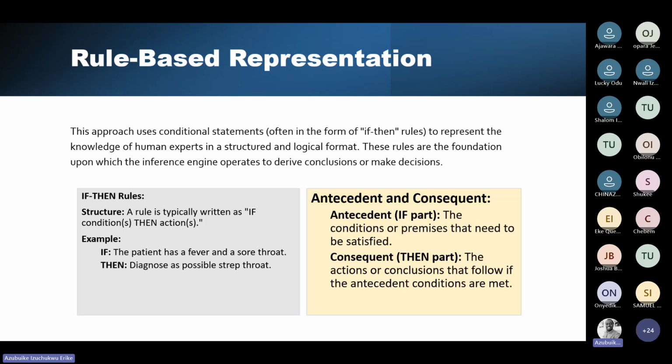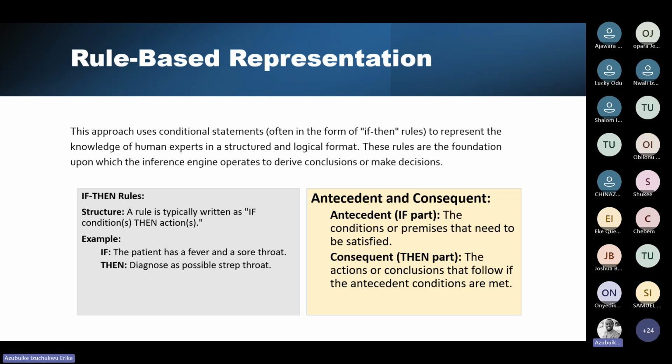So let's look at the if-then rule. Number one is that we have a structure. A rule is typically written as: if conditions, then action. So we have two parts. Number one is the if. The moment we mention if, we look at the conditions that are going to follow. So if the temperature is high and the person is experiencing nausea, then he may have malaria.